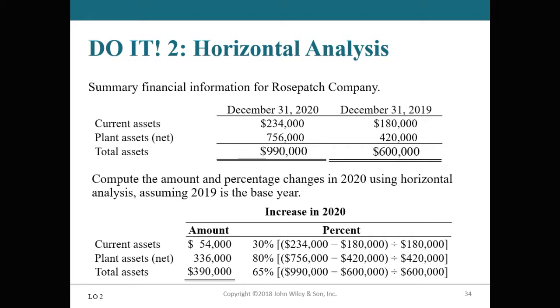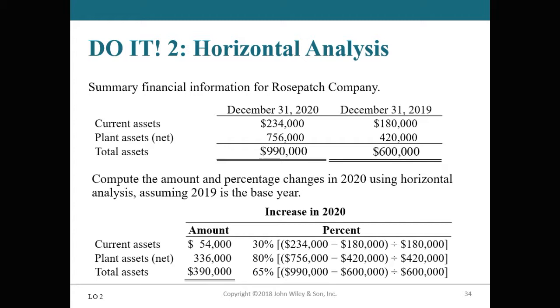So I want you to go ahead and pause here real quick, and I want you to do the math, and I want you to compute using a horizontal analysis, assuming 2019 is the base year. And just do a small Excel, so that way you can do the calculations and watch how they work.